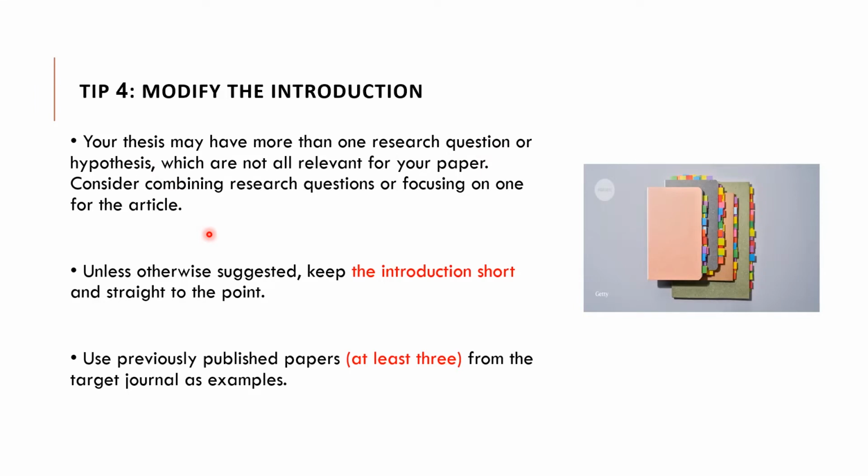It's okay, you can take 2 questions, or 1 question, and turn it into an article, okay? Turn it into a research paper, which is already extracted from your thesis, all right? You cannot take the 4 objectives or the 4 questions of your thesis to make it an article. You cannot do that.